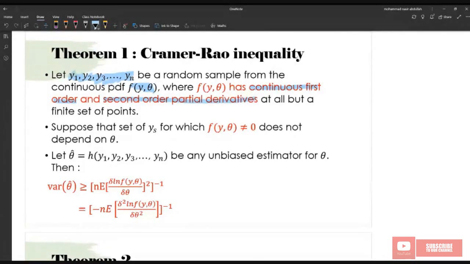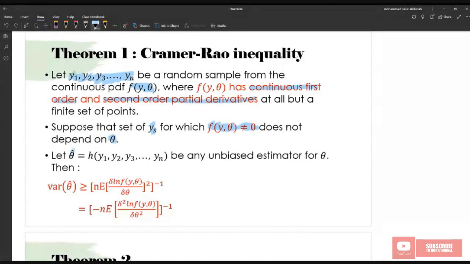And suppose that the set of y for which the probability is not equal to 0 does not depend on theta.